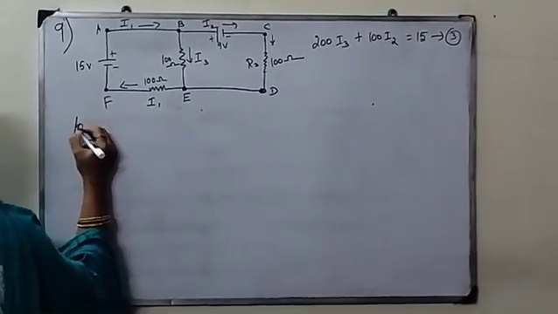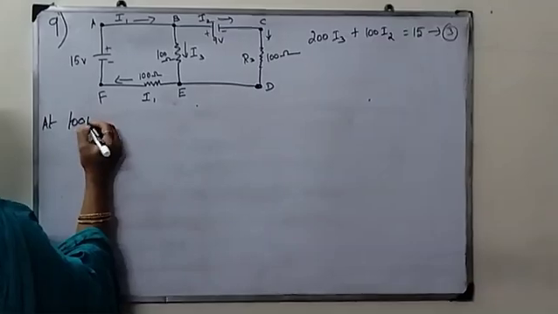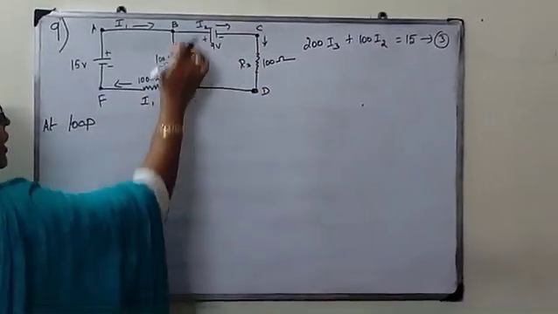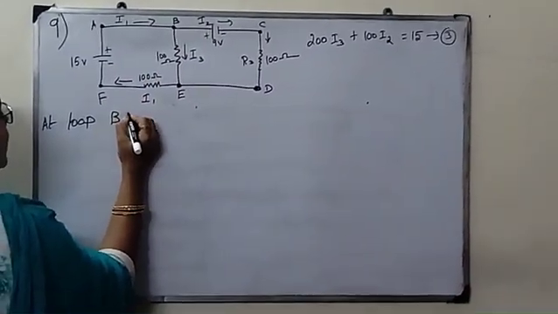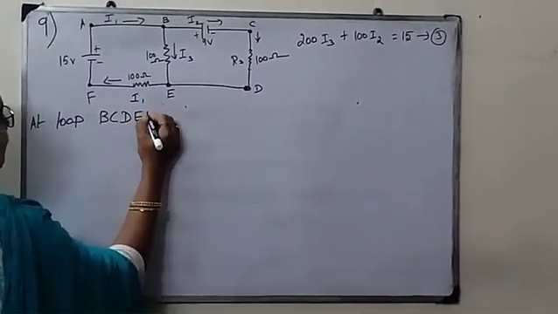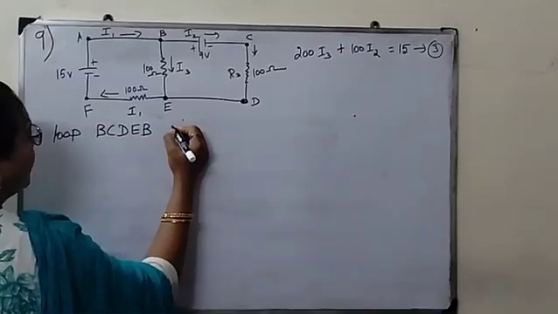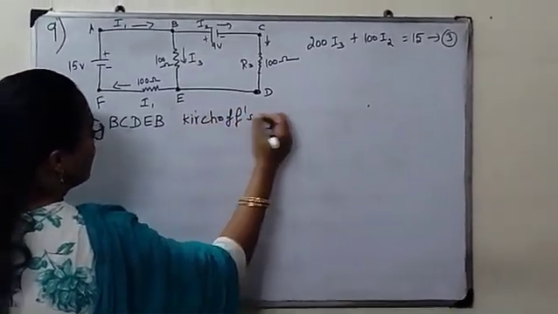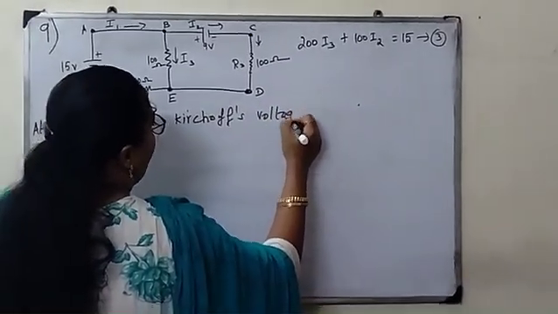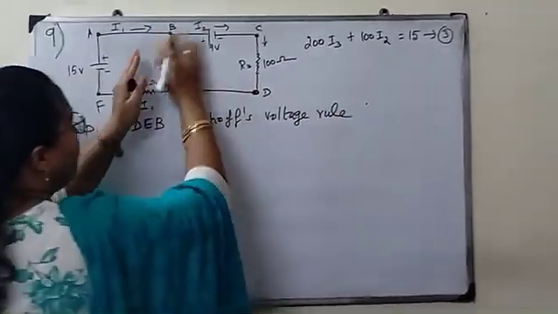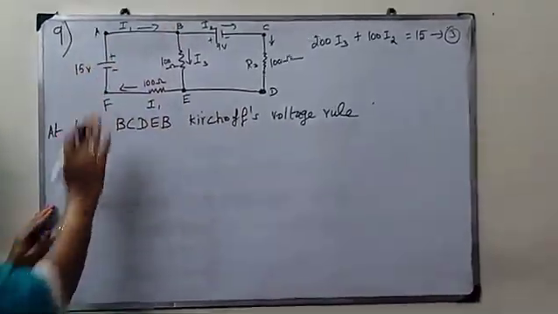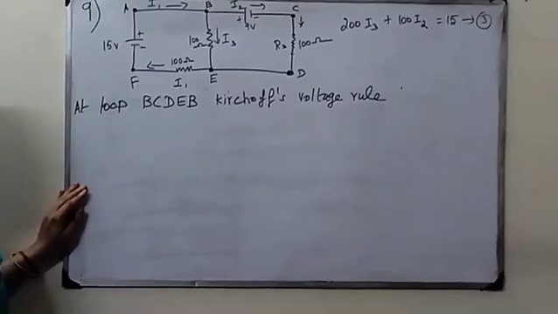Now again we are taking the loop B, C, D, E, B. At the loop B, C, D, E, B, we are applying Kirchhoff's voltage rule. So all the currents should point towards B. That one has to be taken as positive.